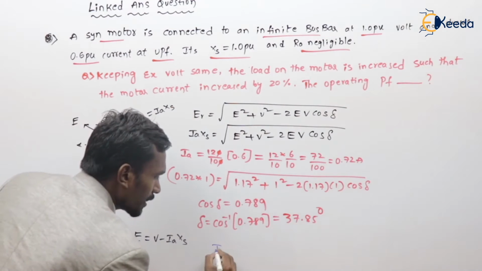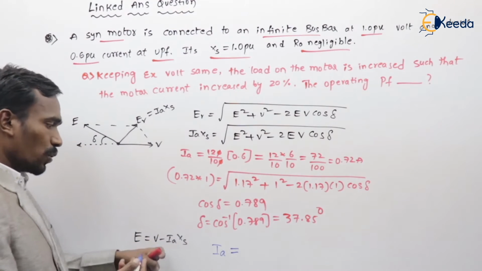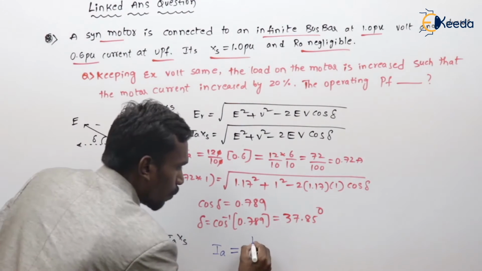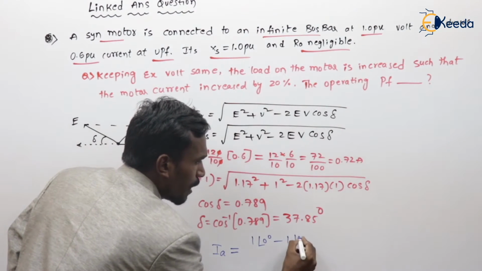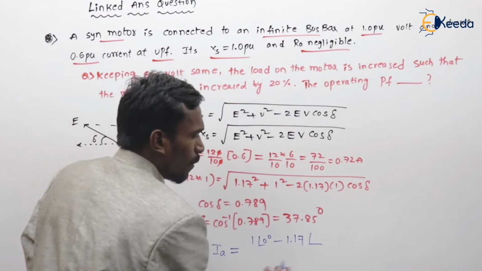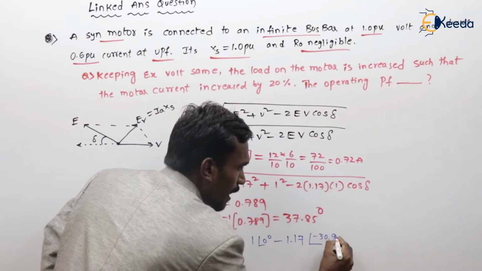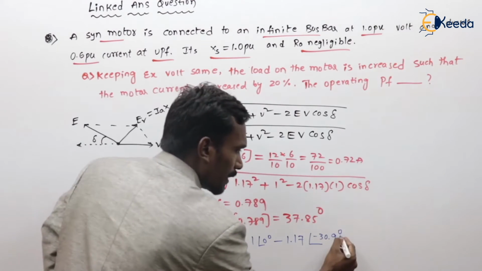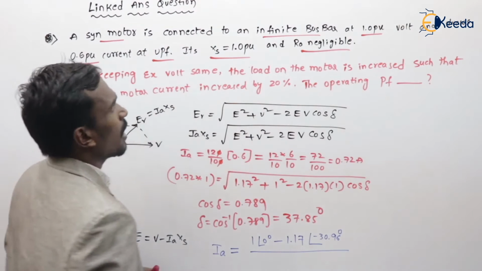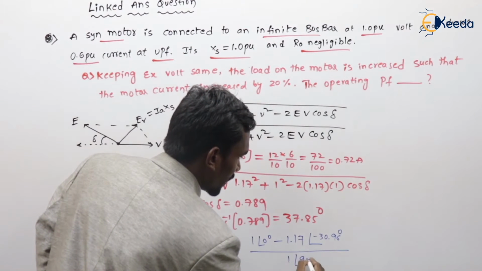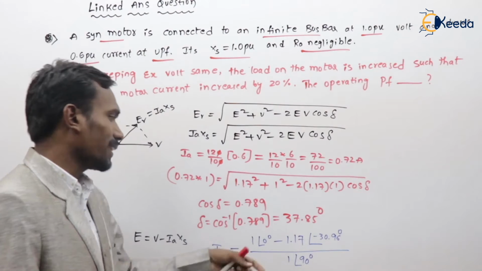From that I am calculating IA is equal to V minus E, that is 1 at an angle 0 minus 1.17 at an angle 30.96 degrees, divided by XS. How much is XS? 1 at an angle 90 degrees. V minus E divided by XS.